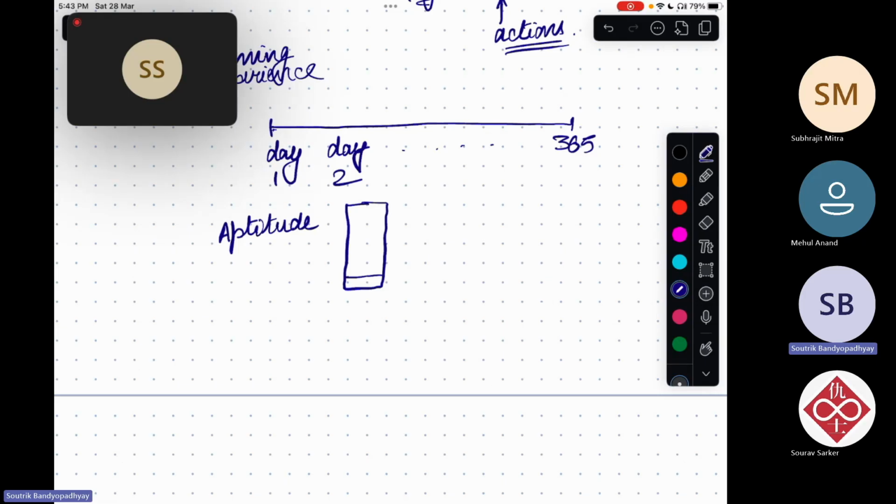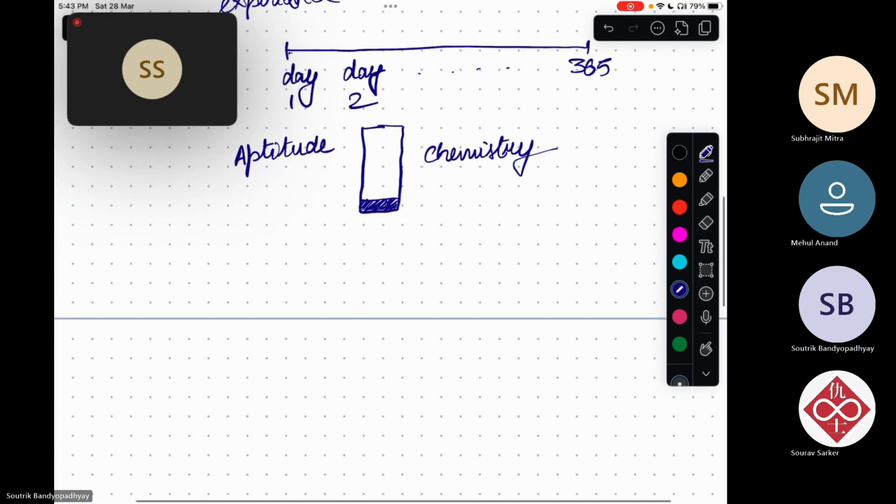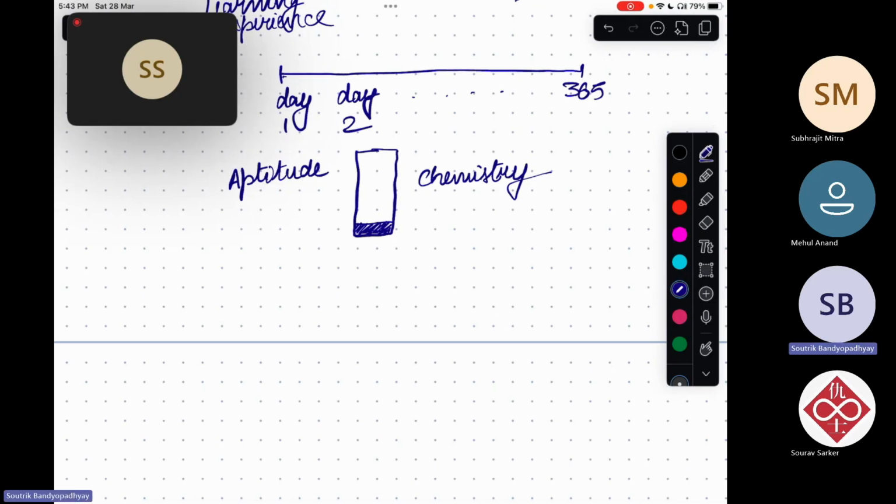So at day one, let's say you have this amount of progress in a subject. This subject can be, let's say, chemistry, right? And at the end of each day, you are filling this bucket up.